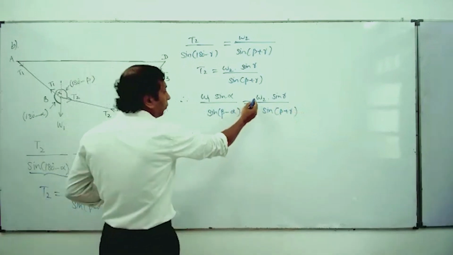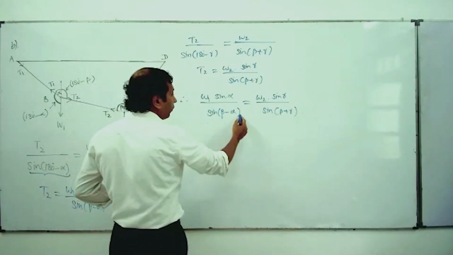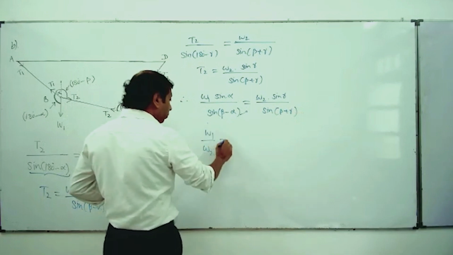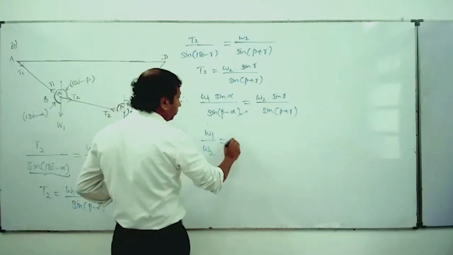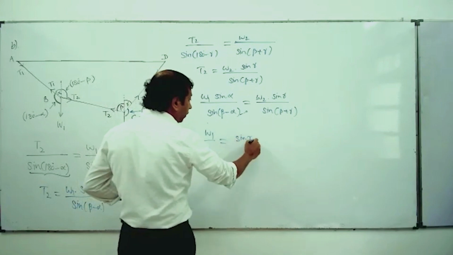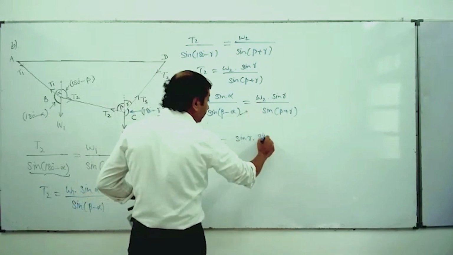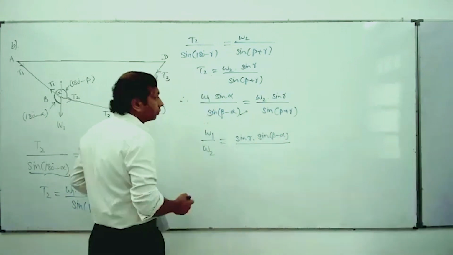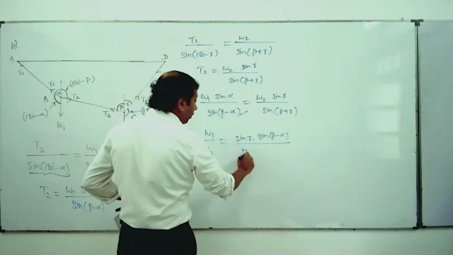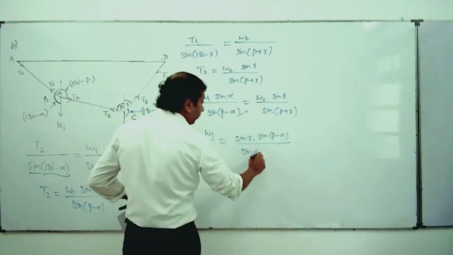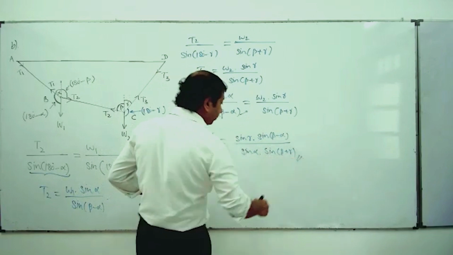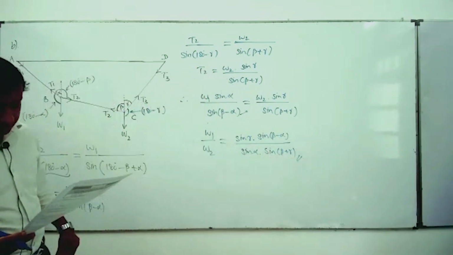Bring this W2 here, this here, this here. So we get W1 by W2 is equal to sine gamma times sine beta minus alpha, and sine alpha you can bring here into sine beta plus gamma. Thereby, we take this answer.